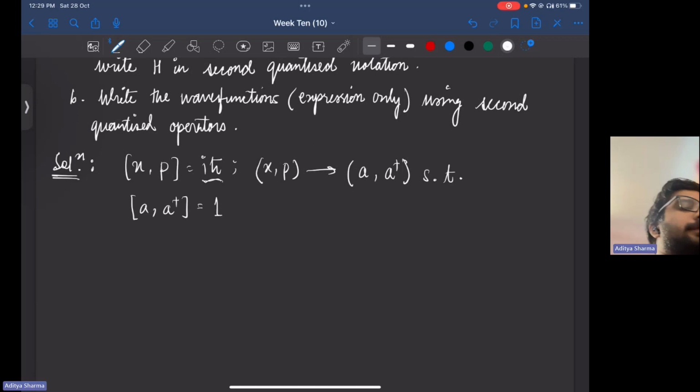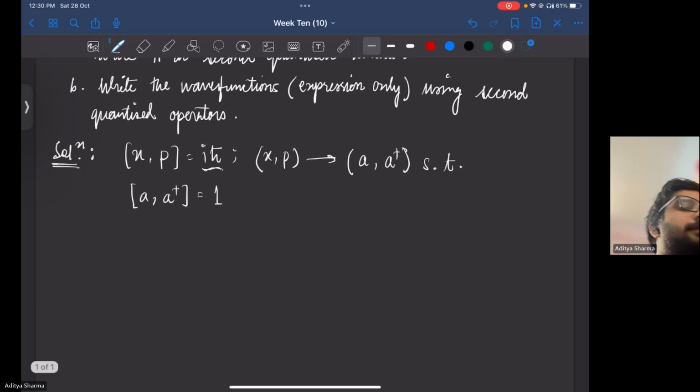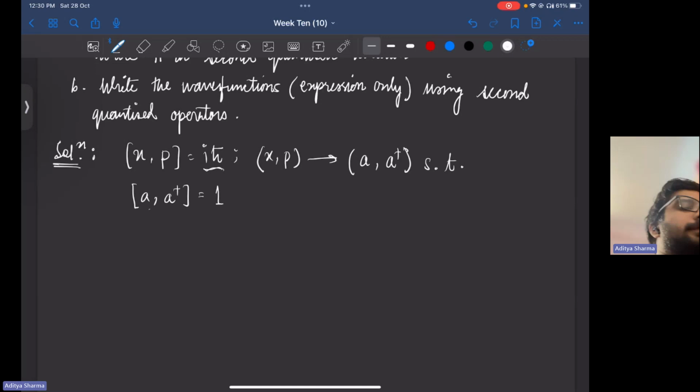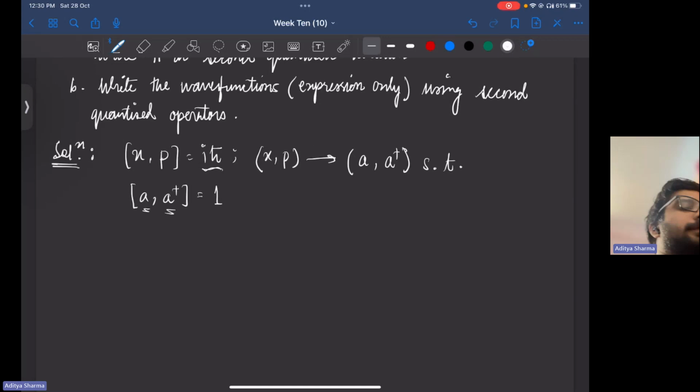And in this redefinition, we would also have something that helps us. For example, this is the lowering operator and this is the raising operator, and so it helps us to create more states starting from a base state.